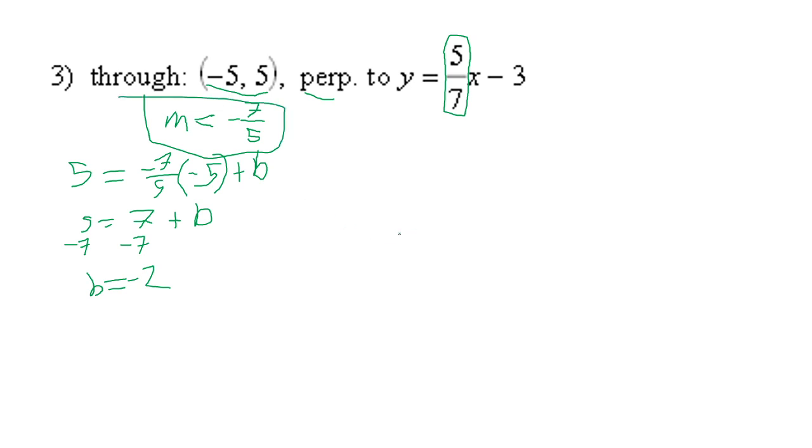It's a really bad habit to use your old slope here, and that is wrong. Don't do it. So when I write my y equals mx plus b, I'm going to say y equals my new slope, negative 7 over 5. This seems like, oh yeah, well duh. But I promise you someone's going to mess it up, and it's going to make me sad.